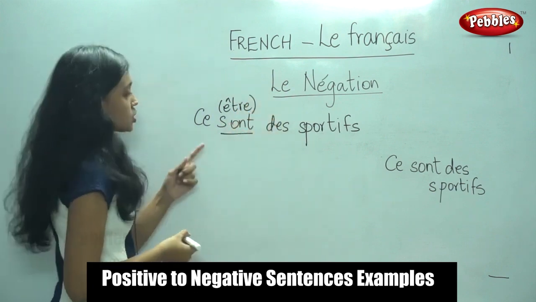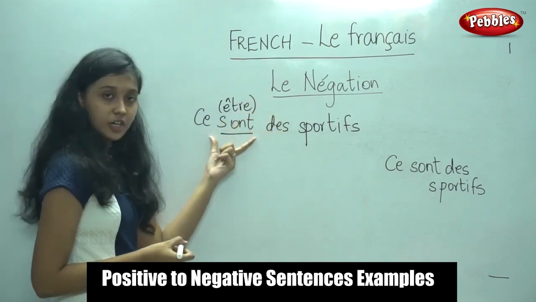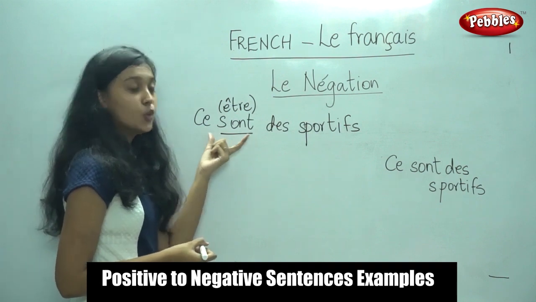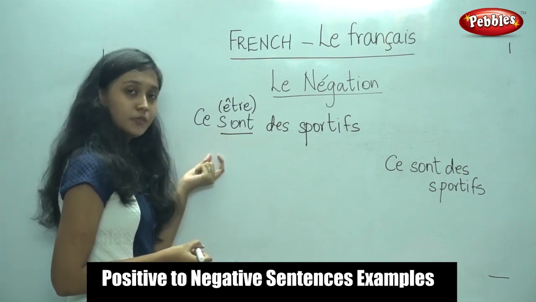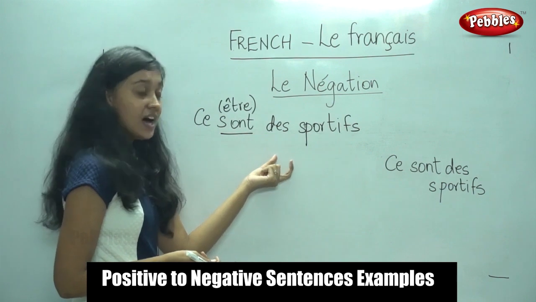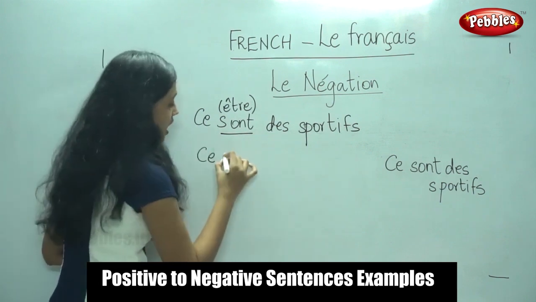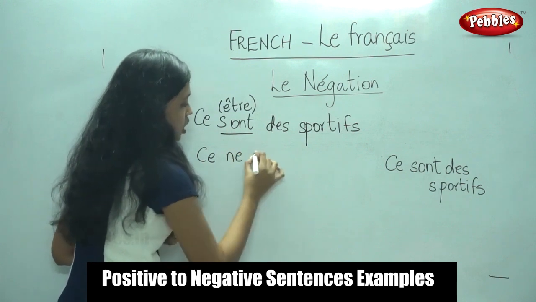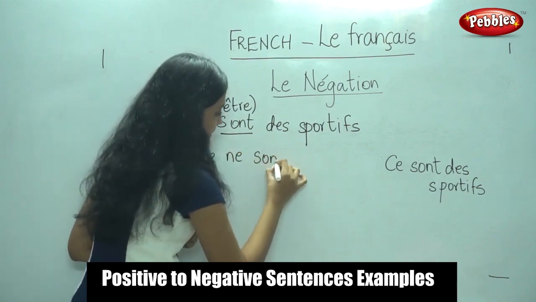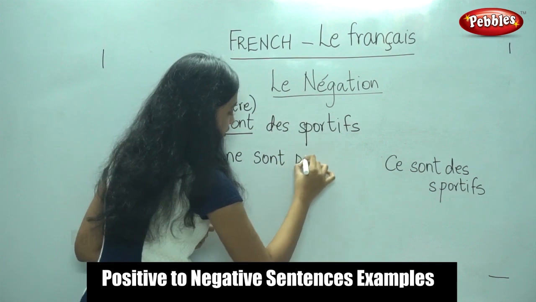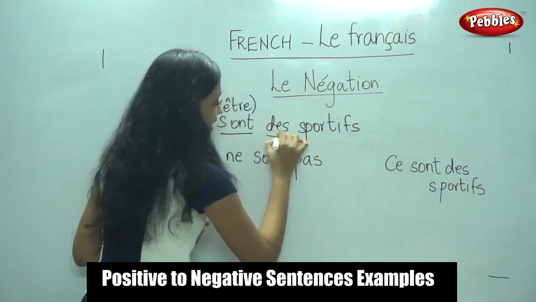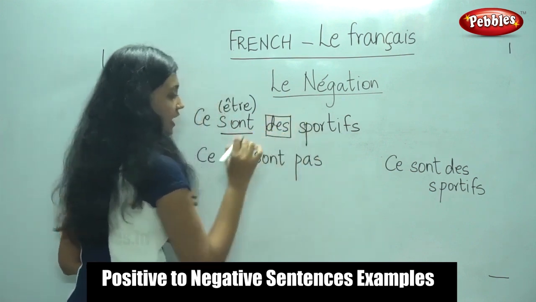Sont. So, we have identified the verb. So, what is the next step? We have to place ne before the verb and pas after the verb. So, ce, ne, sont, pas, and here we have again an indefinite article.